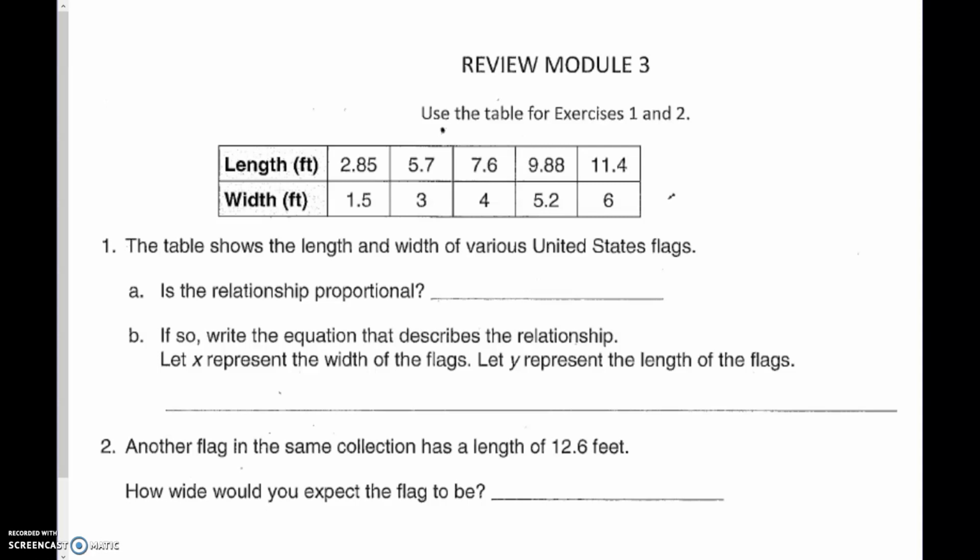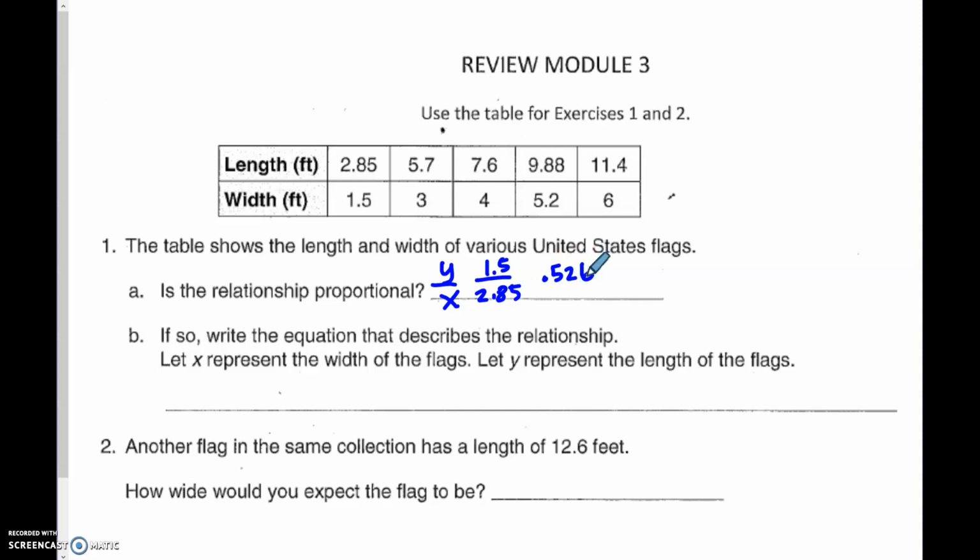All right, so the table shows the length and width of various United States flags. Is the relationship proportional? So remember, if this is going to be proportional, then that means y over x is going to be the same thing for every one. So if we have length and width here, and I take 1.5 and divide by 2.85, I think I get the decimal 0.526.